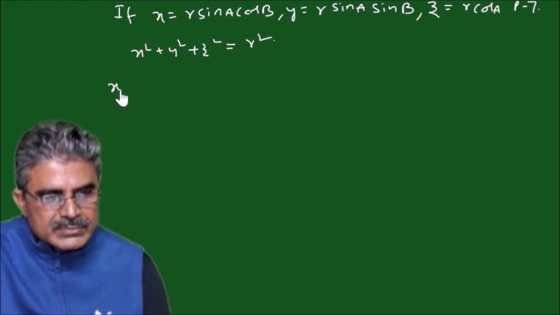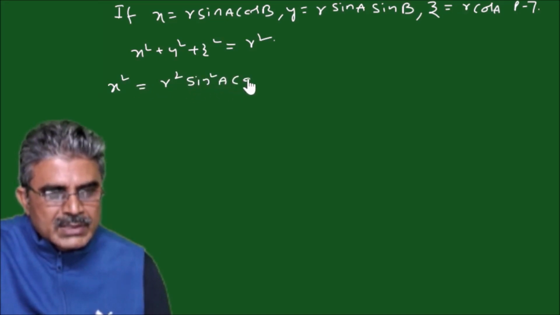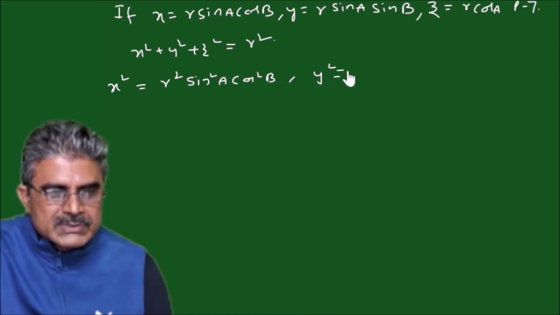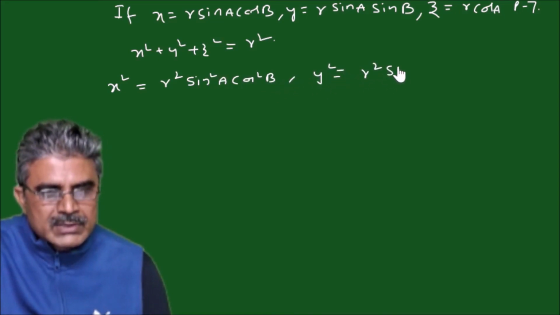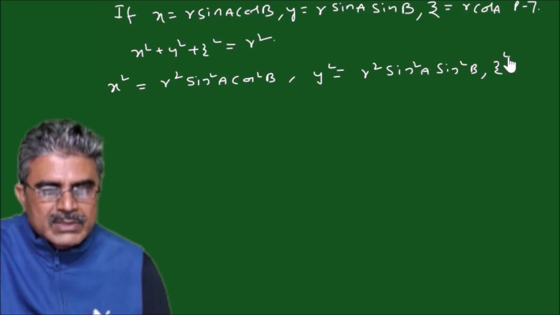So consider the square terms. x square is equal to r square sin square a cos square b, and y square is equal to r square sin square a into sin square b, and z square is equal to r square cos square a.